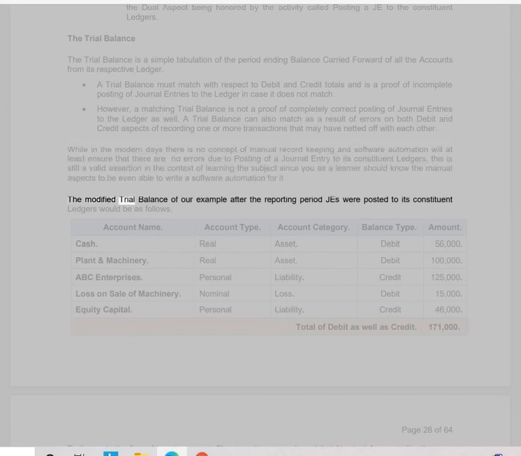The modified trial balance of our example after the reporting period JEs were posted to its constituent ledgers would be as follows. Account name, account type, account category, balance type, amount. Cash, real asset, debit 56,000. Plant and machinery, real asset, debit 100,000.